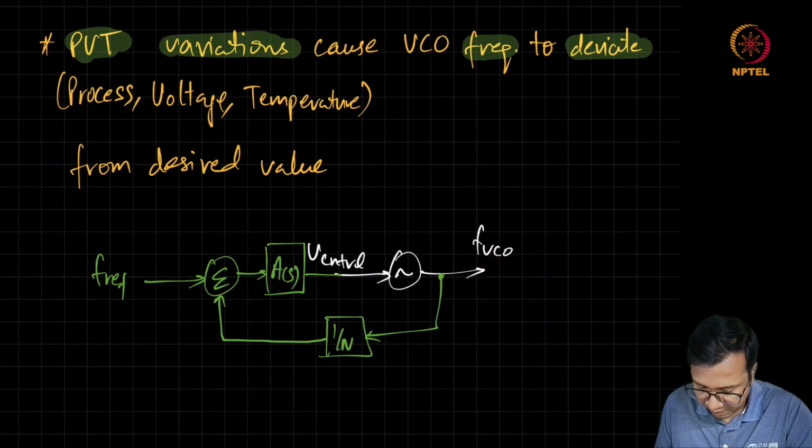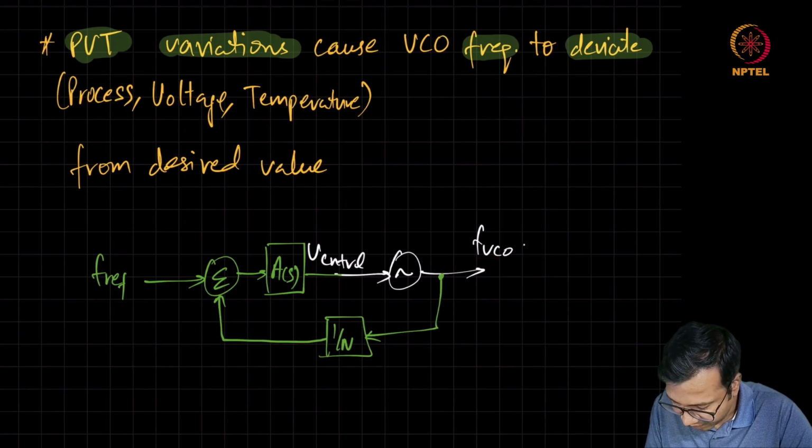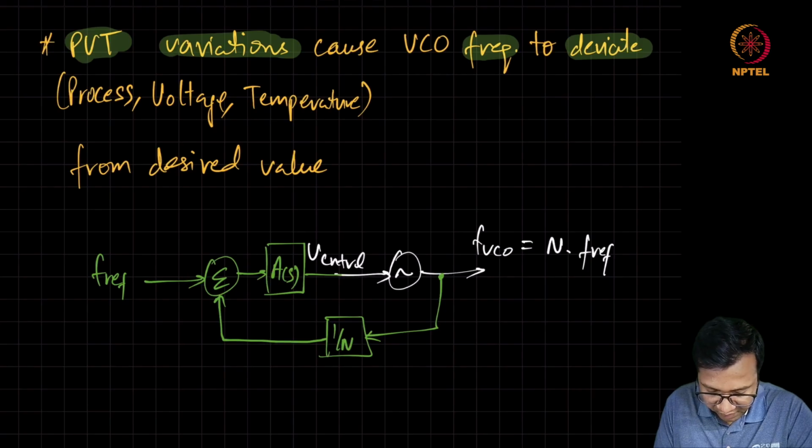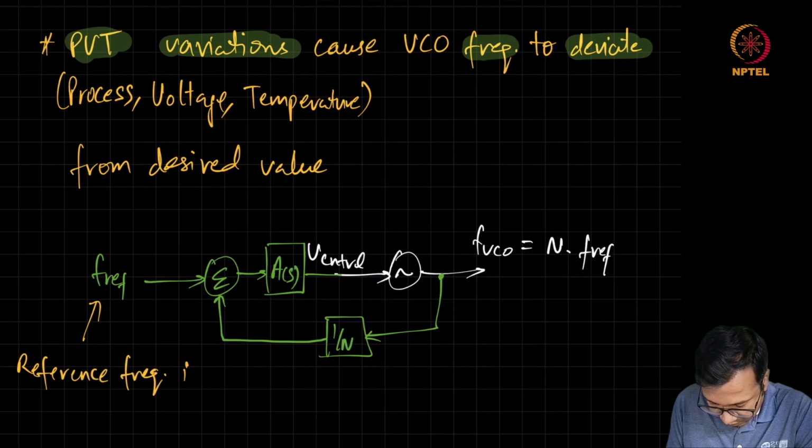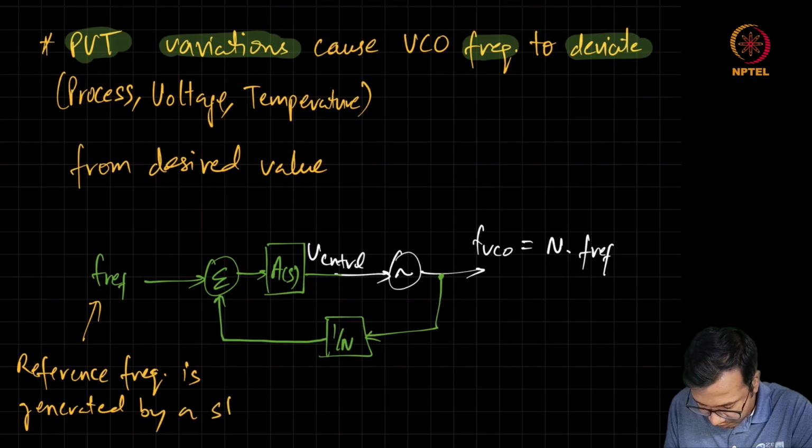Now in this setup, we can see that this FVCO is going to be equal to n times the reference frequency, and this reference frequency is generated by a stable oscillator.